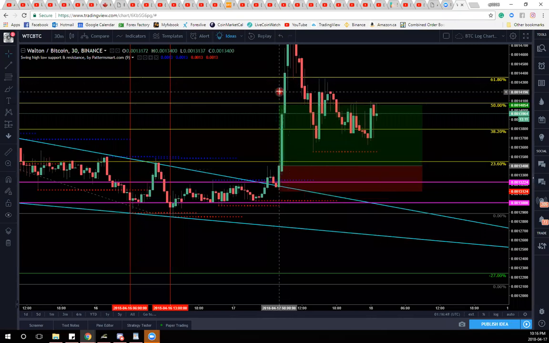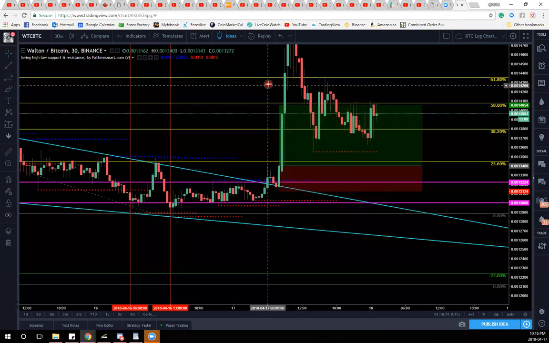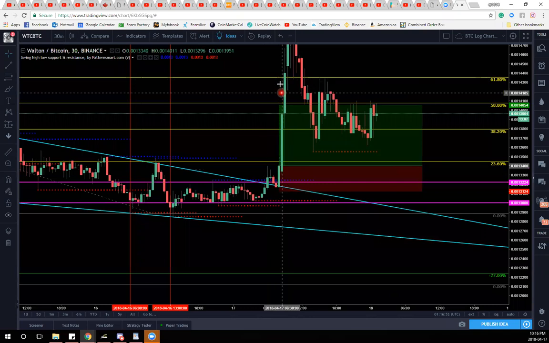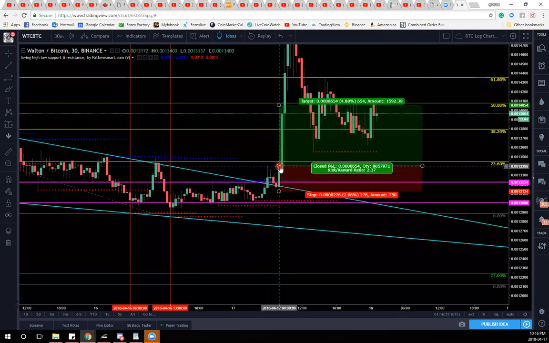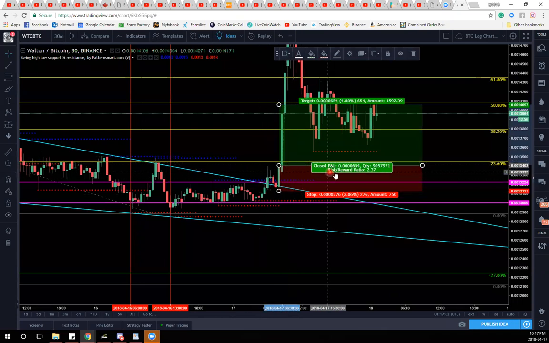I already know where my fibs are, so I could already build this out. The only part that'll change is the exact entry, but it shouldn't be so far off that it completely screws up your reward to risk ratio.